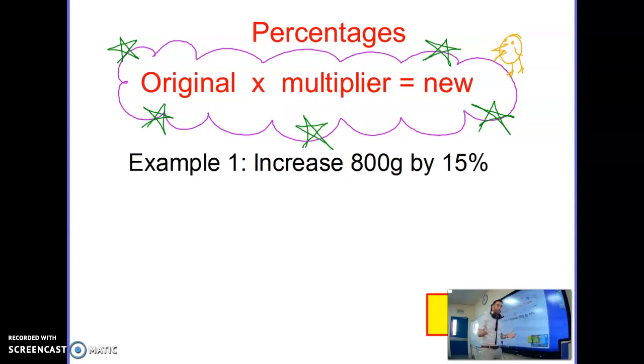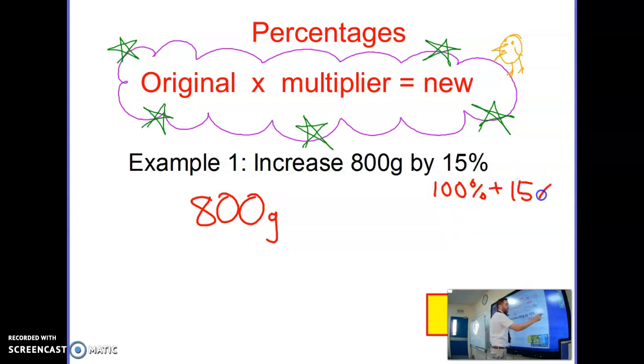Let's apply that to an increase question. So in this example, I increased 800 grams by 15%. And to do that, my original is 800 grams. And then I times by a multiplier. Well, to increase by 15%, I do 100% plus 15% is 115%.